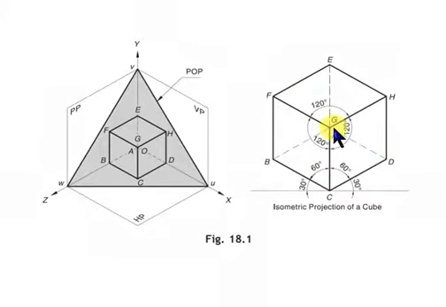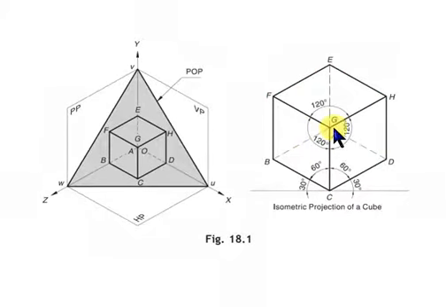Instead of 30, if I take 45 and transform the length, dividing each and every length, the ratio is cos 45 by cos 30. Cos 45 is 1 by root 2, divided by root 3 by 2. In other words, you will get the value 0.8165. So the isometric scale is approximately 82 percent.